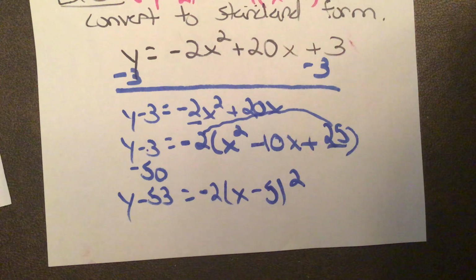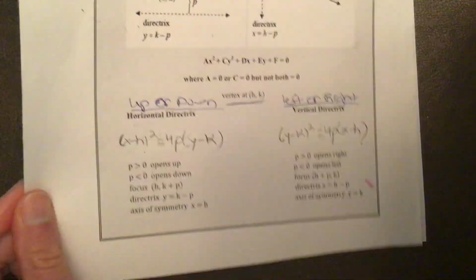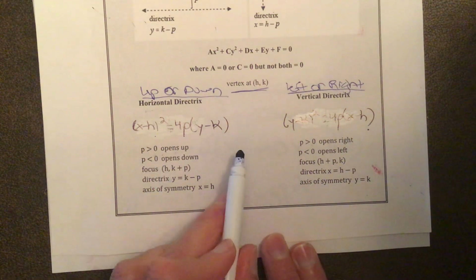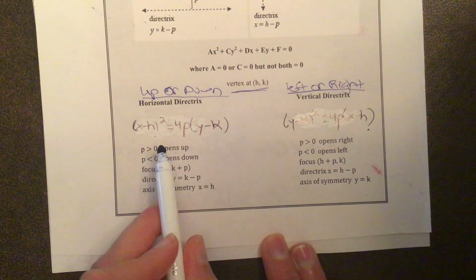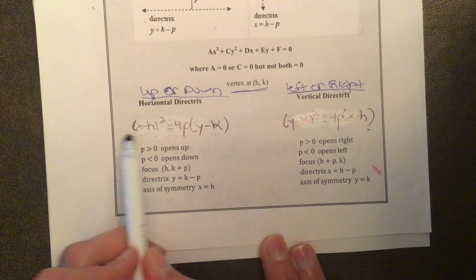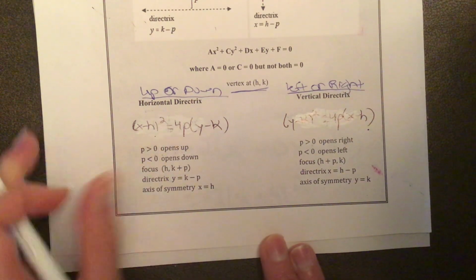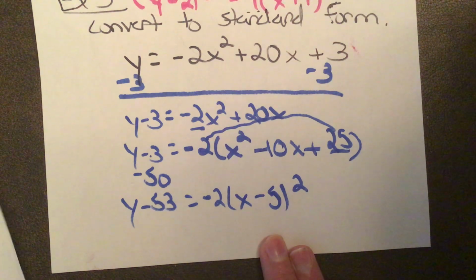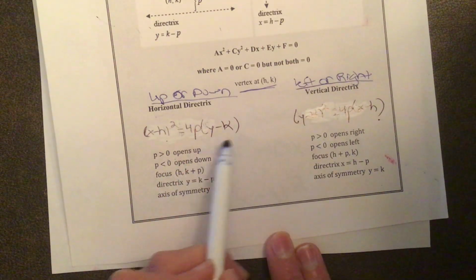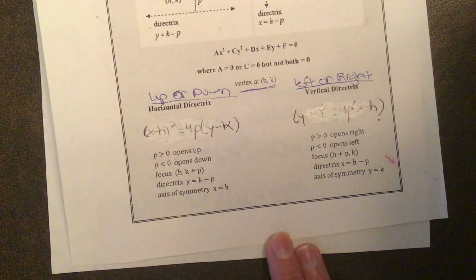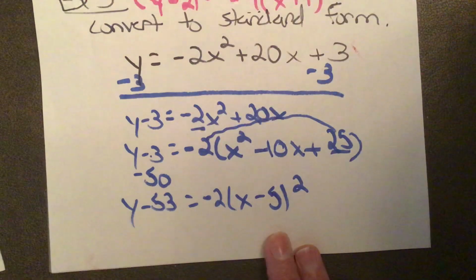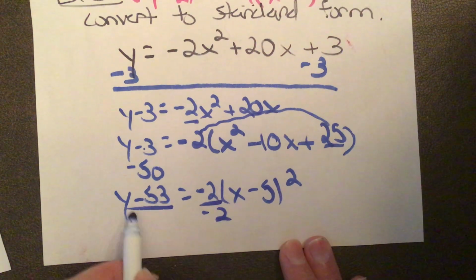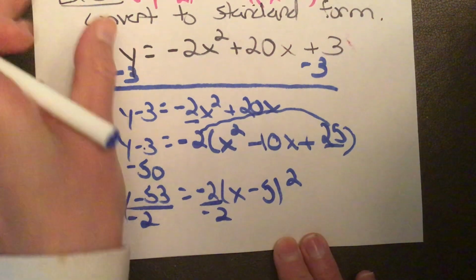You might be thinking, cool, we completed the square. But if we look at our equation, and this is going to be one like this since the x is squared, you can't have something in front of the squared thing. Like right here, we have that -2 in front of the squared part. The number always has to be in front of the non-squared part, and that tells you your focal radius. So I'm going to have to divide both sides by -2.